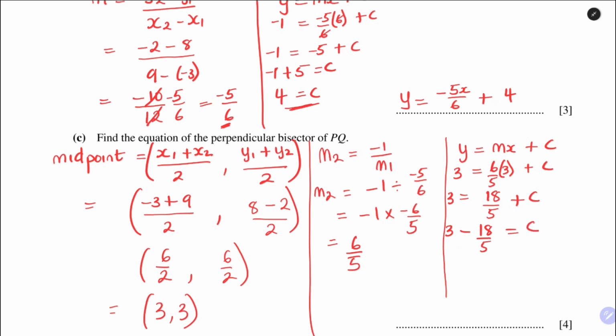Note that 3 is actually also 15 over 5. So this will result in minus 3 over 5 equals c. Putting it all together, it becomes y equals 6 over 5 x plus the y-intercept being minus 3 over 5.